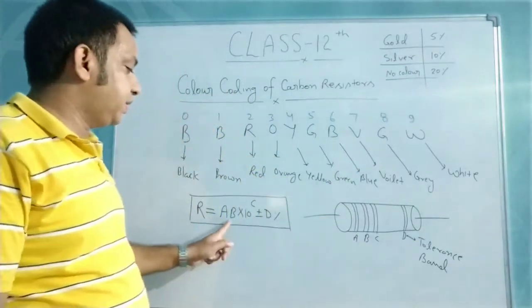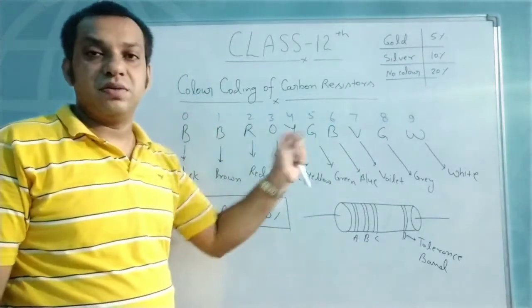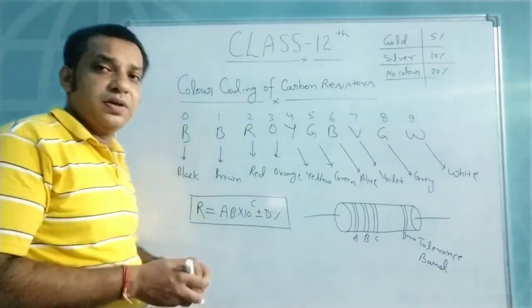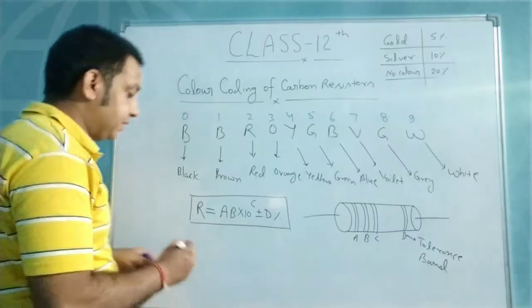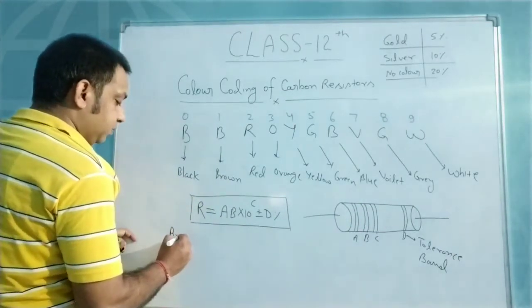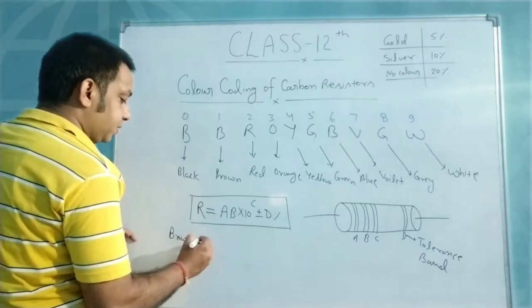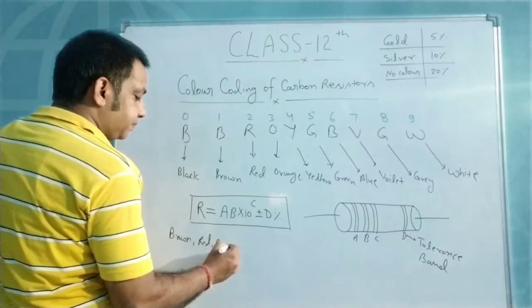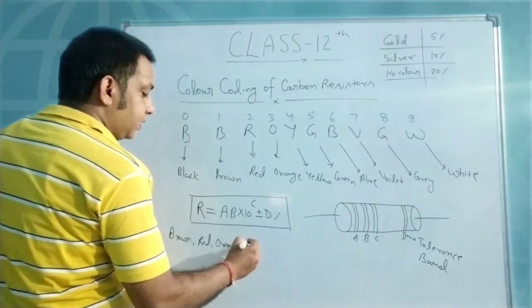Now let's see how A, B, C are measured by this color sequence. Let us understand an example. Suppose we have a color coding given like this: brown, red, orange, and silver.